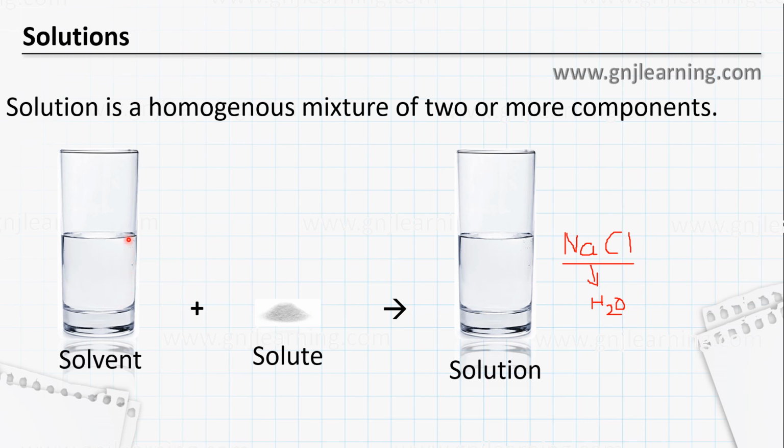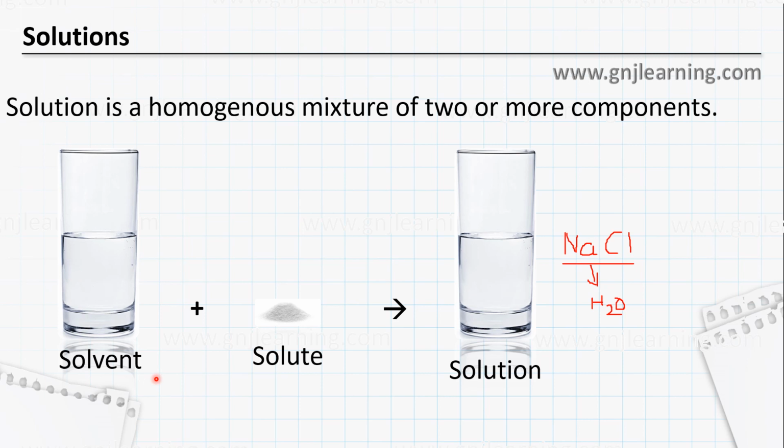Inside this glass we have only water molecules, so it is a pure substance. I am going to add NaCl or salt into it, and this salt too is a pure substance. So we have a solvent, which is a pure substance, and a solute, which is also a pure substance. We mix them together and get a mixture. If that mixture is homogeneous, we call it a solution.